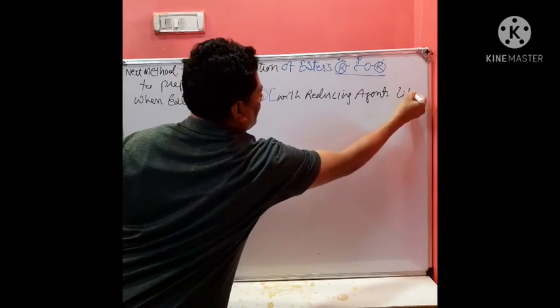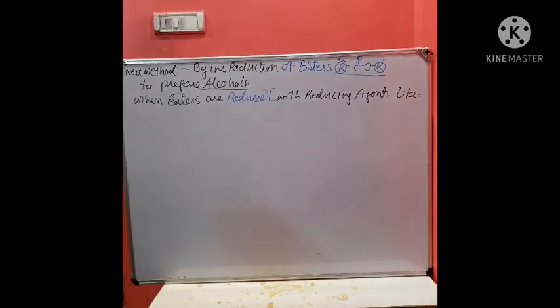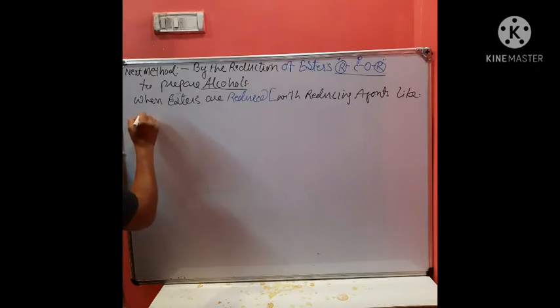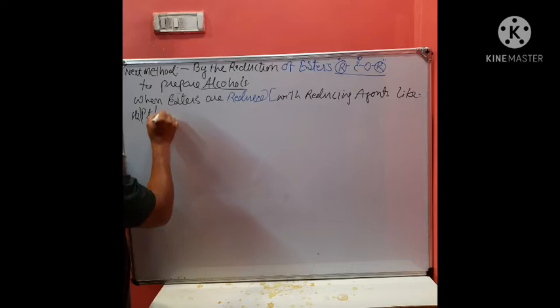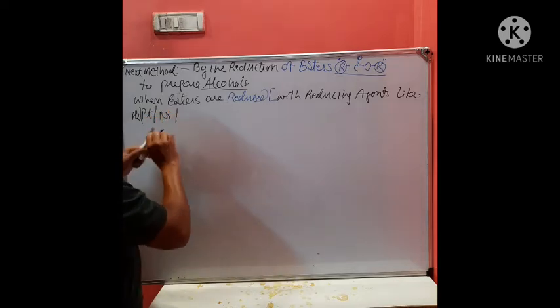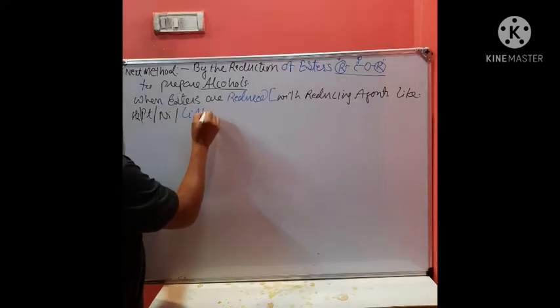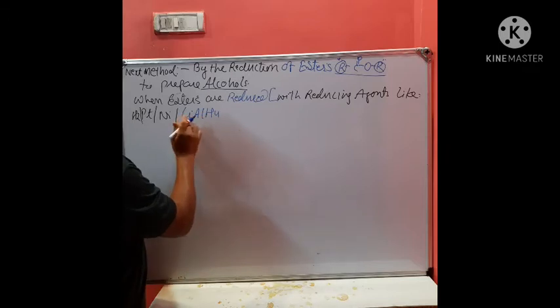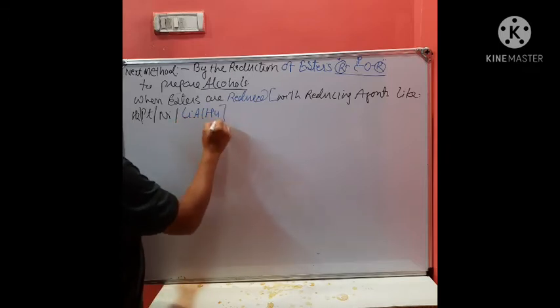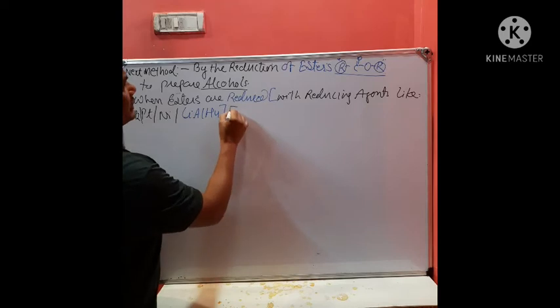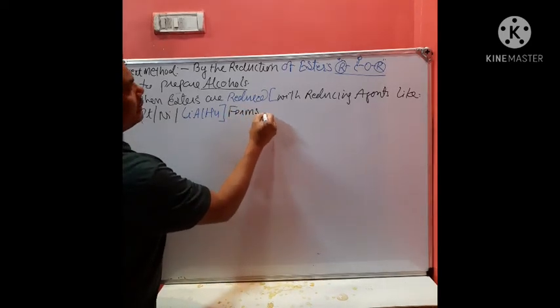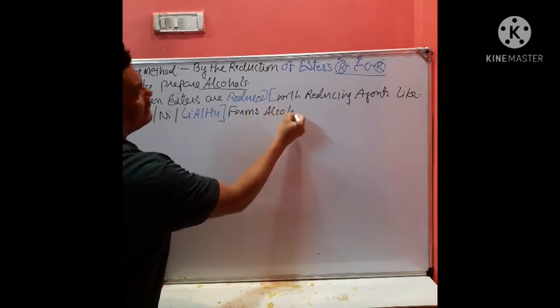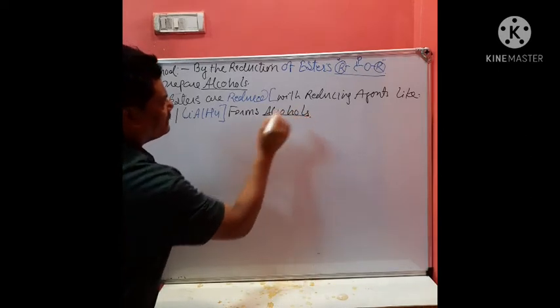Can you tell me the name of some reducing agents? It will be platinum, H2 with platinum, it may be nickel, it may be LiAlH4. So that should be the reducing agent. It forms alcohols.